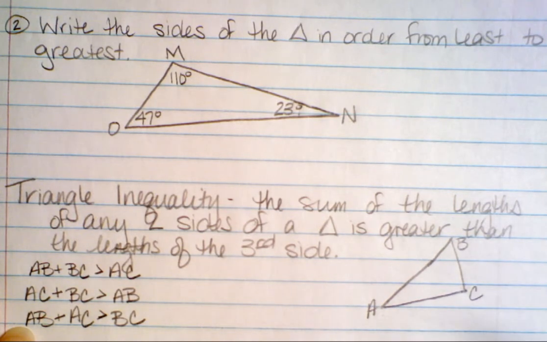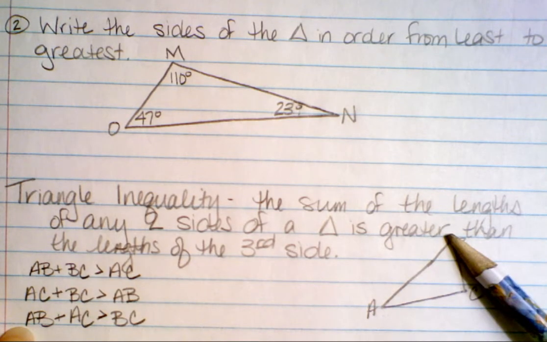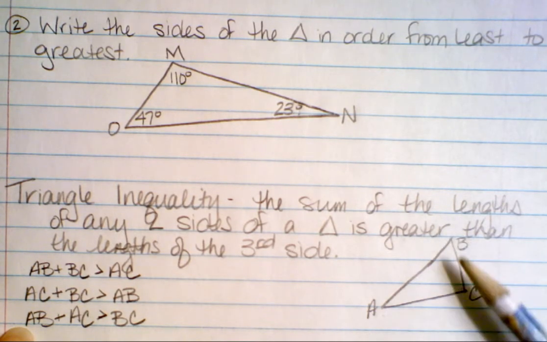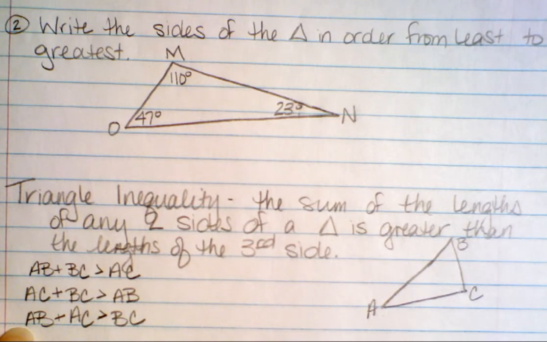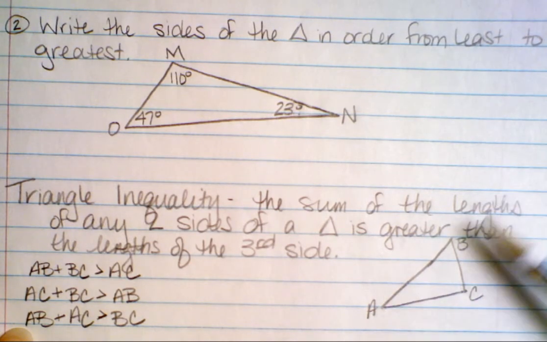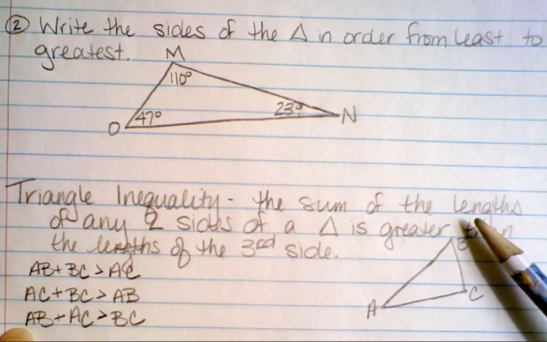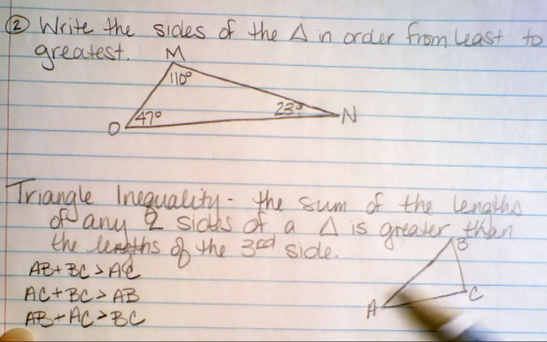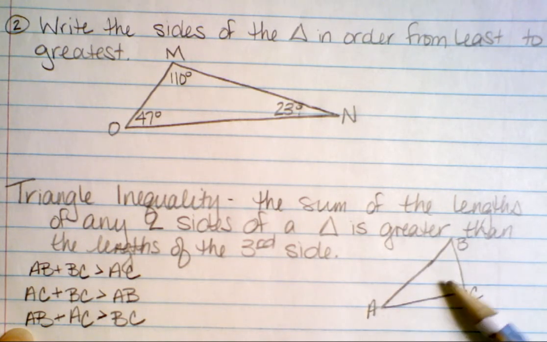If you think about it, if I took sides AB and BC, looked at that as an angle and flattened it out to be a 180-degree angle, it has to extend beyond this third side. If I look at AC and BC, if I flatten this out to be 180 degrees, it has to extend beyond AB. And if I take sides AB and AC and flatten them out, it has to be longer than BC. So the two sides have to be greater than the third side.